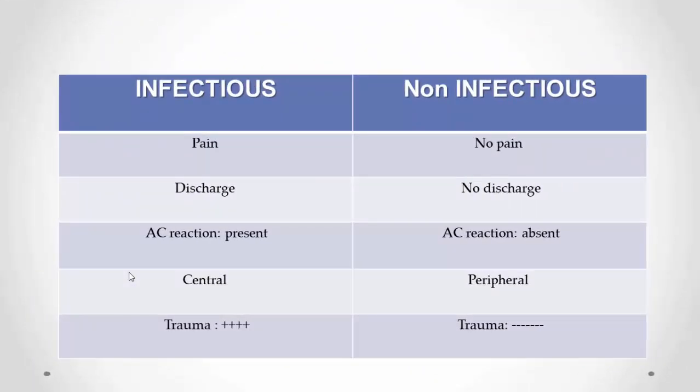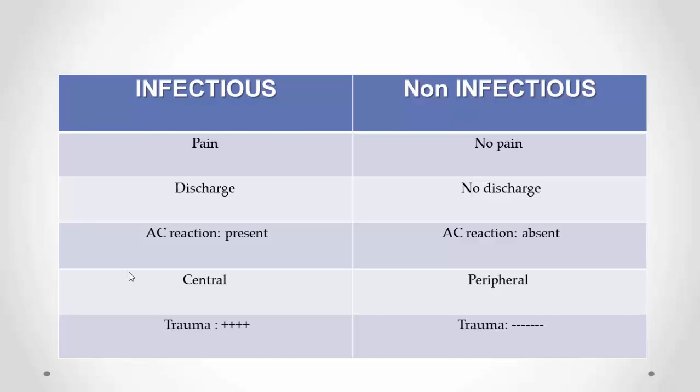The main difference between infectious and non-infectious corneal ulceration is that in infectious ulcers the patient complains of pain, while in non-infectious ones usually the patient doesn't complain of pain. There is an infectious discharge, while in non-infectious there is no discharge. In infectious keratitis there is an anterior chamber reaction, while in non-infectious keratitis the anterior chamber reaction is usually absent.